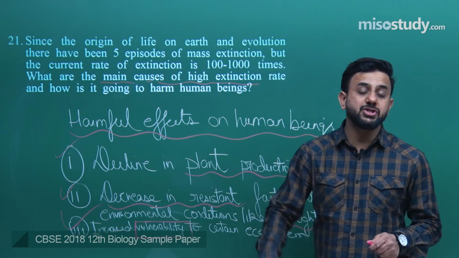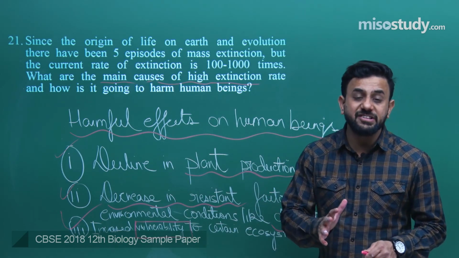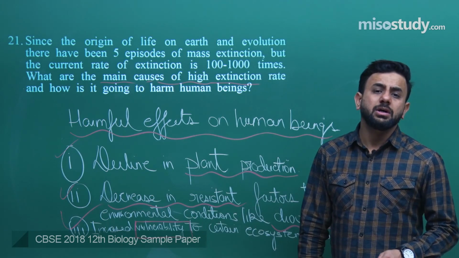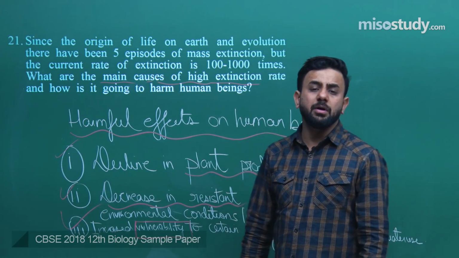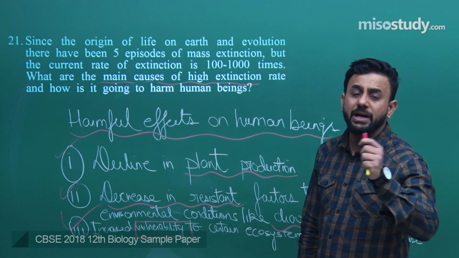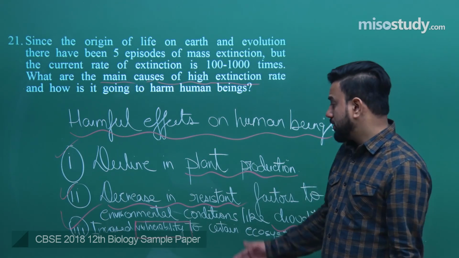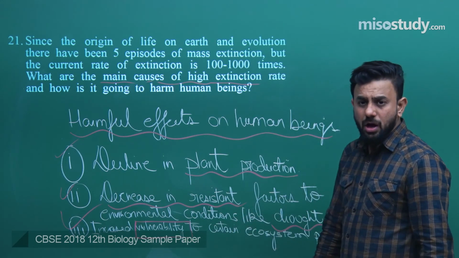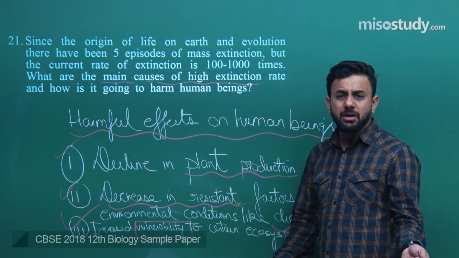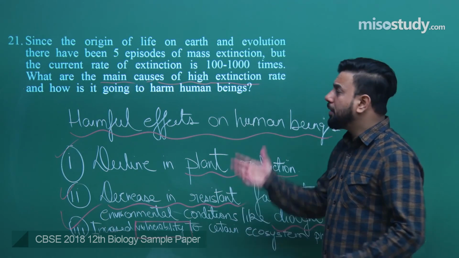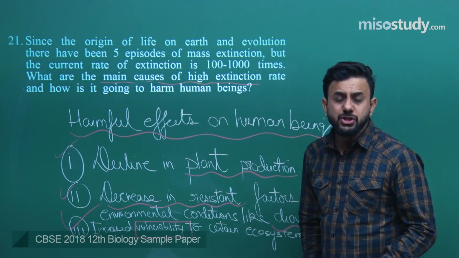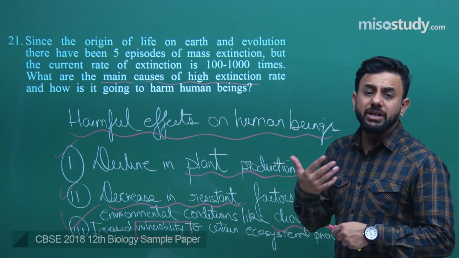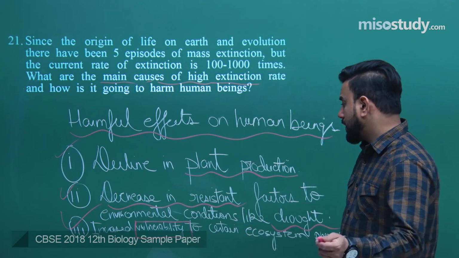Different gene variations are not there, or probably less, and the whole species will stop existing, will die, will vanish. So, decrease in resistant factors to environmental conditions like drought, because there is no variability. And why is there no variability? Because species extinction has led to the decrease in species richness.